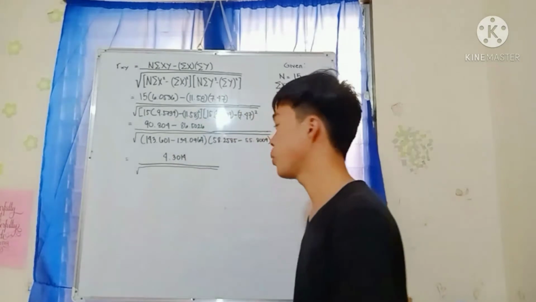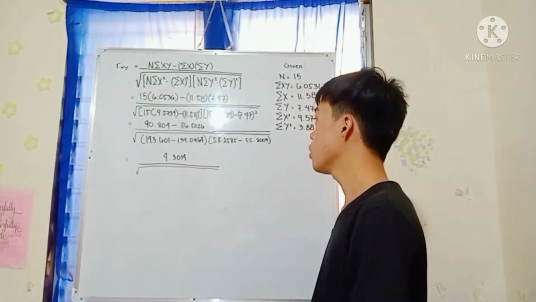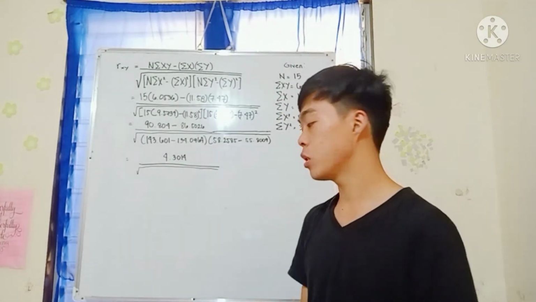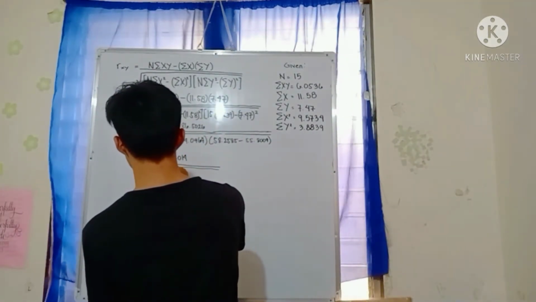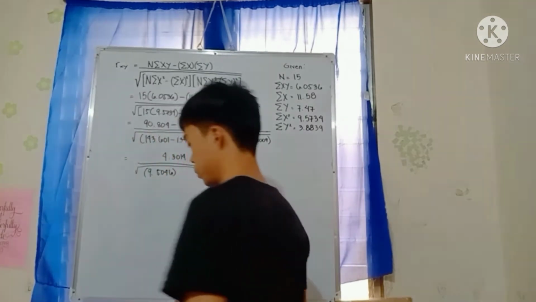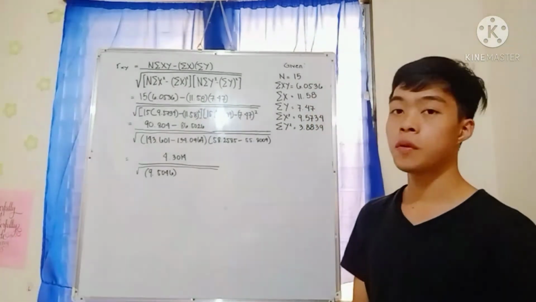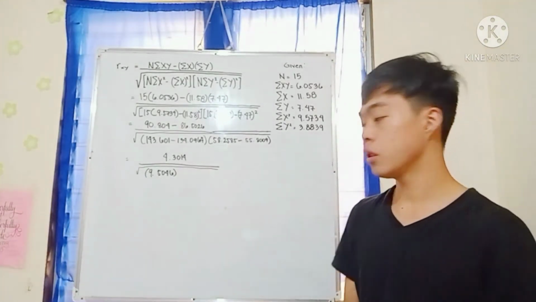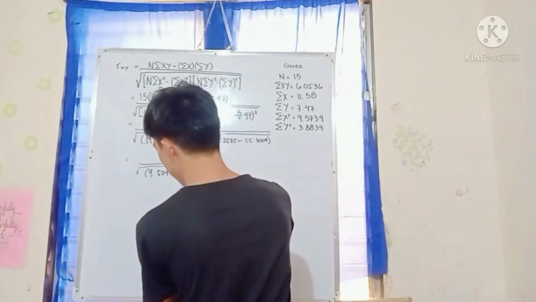Then 143.601 minus 134.0964 is equal to 9.5046. Next, 58.2585 minus 55.8009 is equal to 2.4576.